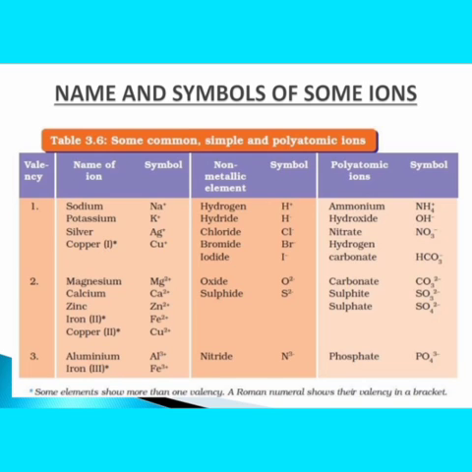Same thing, children. Polyatomic means you can see 2 ions, right? In NH4 there are 2 different elements, isn't it? So it is polyatomic. Go through this table, and some elements show more than one valency, like magnesium has 2 valency and aluminium has 3 valency, iron, that is Fe3 plus, has 3 valency.